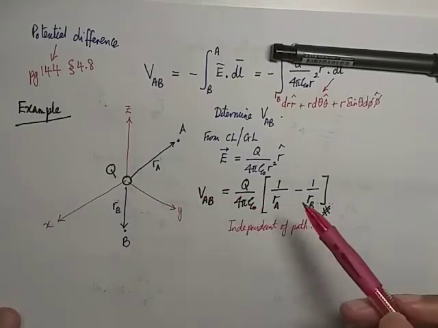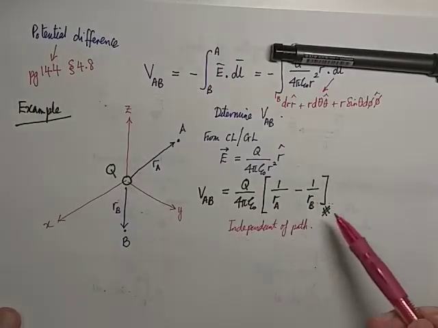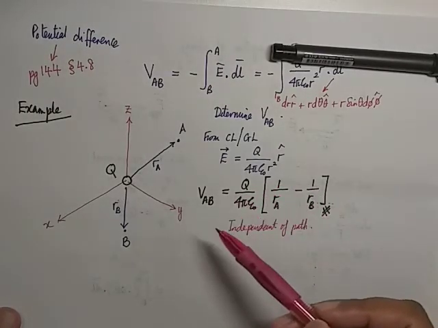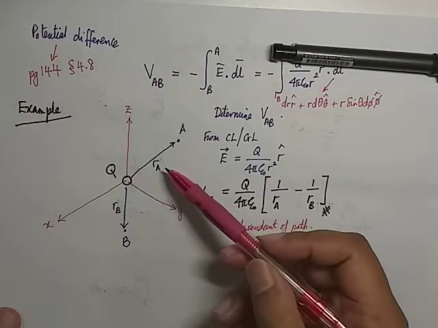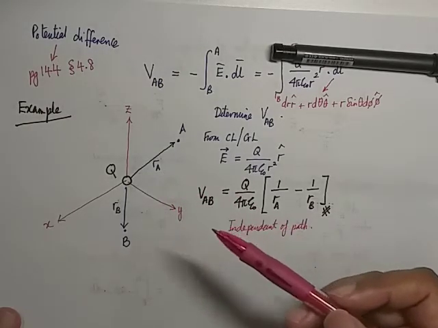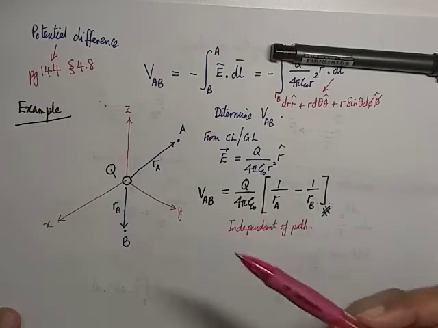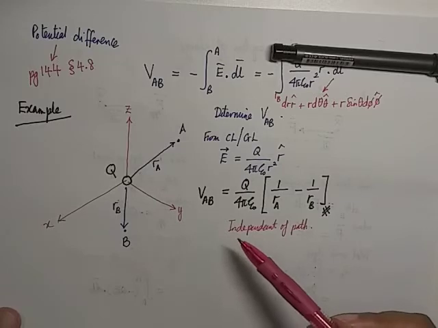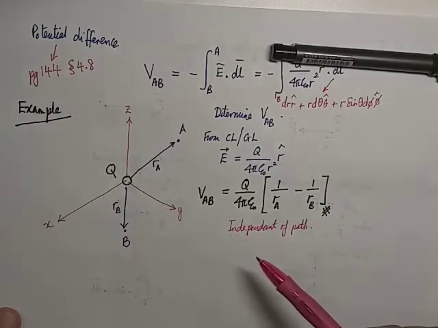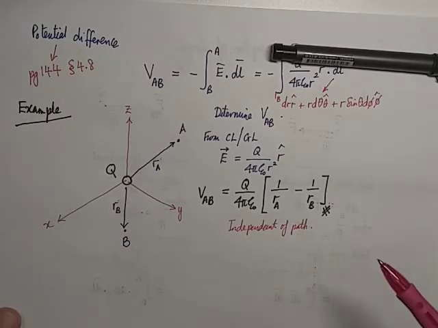Therefore, we can see the result has nothing to do with the path that you are taking. Whatever path you take to move your point charge, the final solution still remains the same. Therefore, the result of VAB is independent of path. So let's discuss that further.